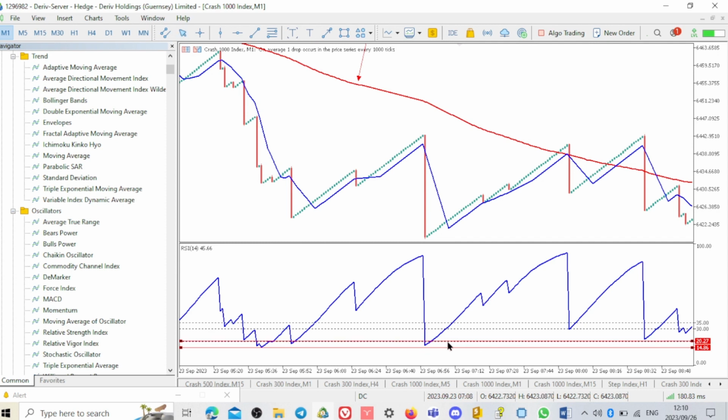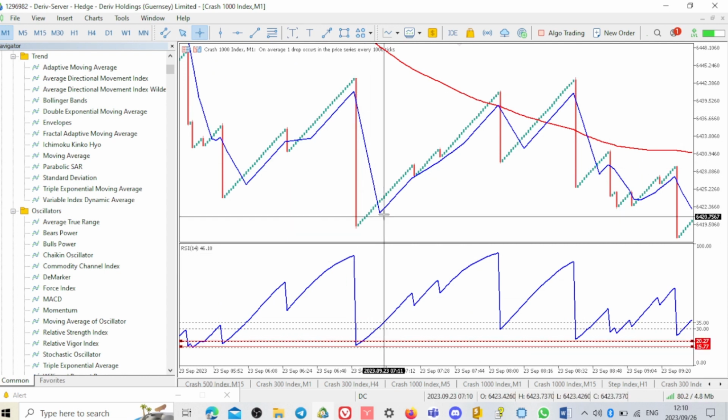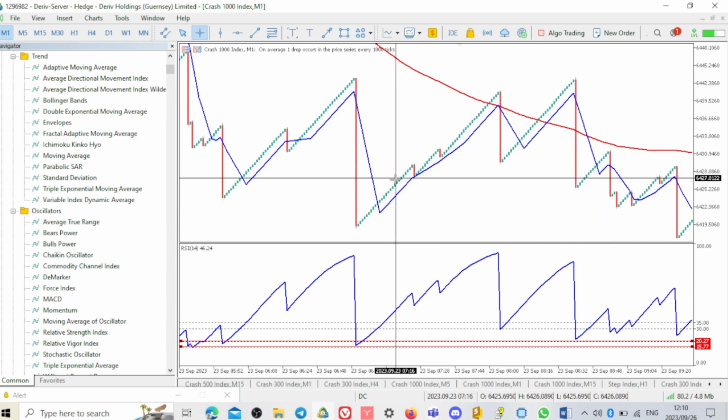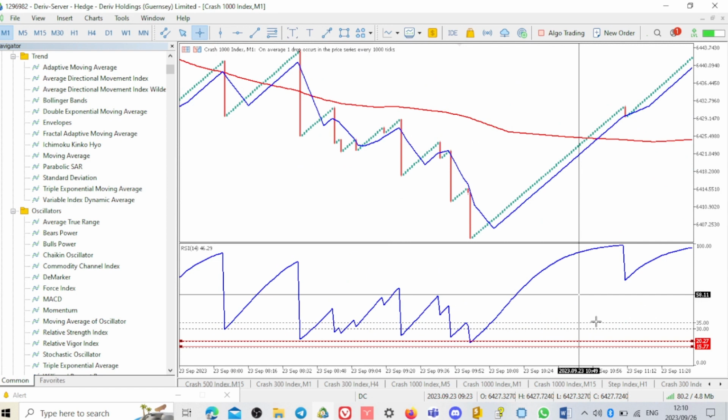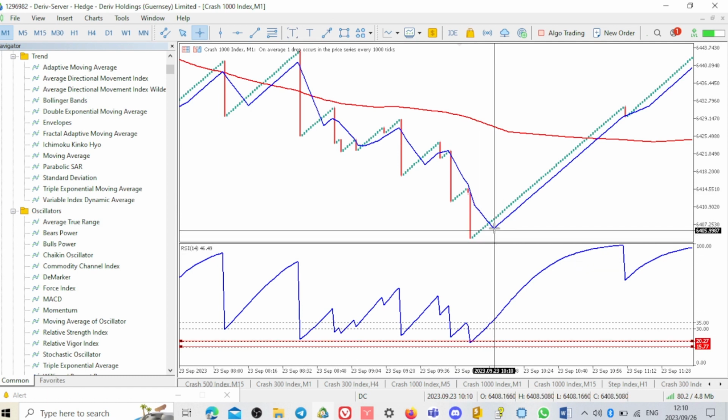I know these lines are not accurate. Okay, so these are the lines that we're going to be making use of. And here we have a good example. We can see price closed above level 20, and we wait for the candles to cross the simple moving average, this blue line here, and we take 5 candles. Here again, we have a good example. We can see price crossed below level 20, and here we wait for price to cross this one.